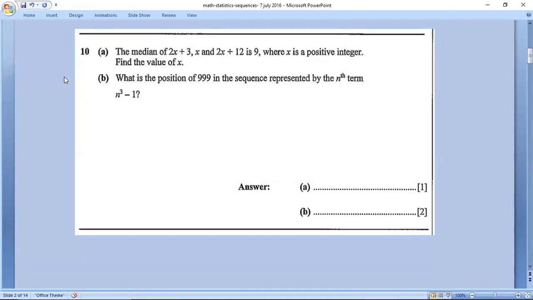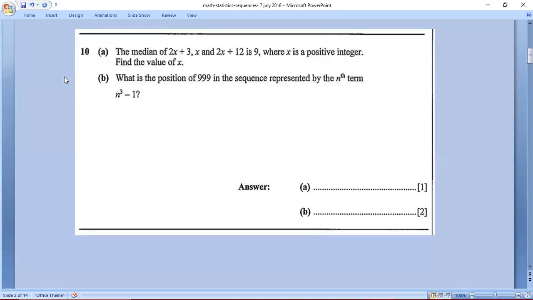So the median, this is from the topic statistics. They're saying the median of these terms is 9. Find the value of x.